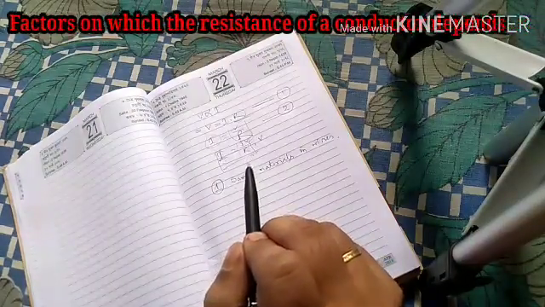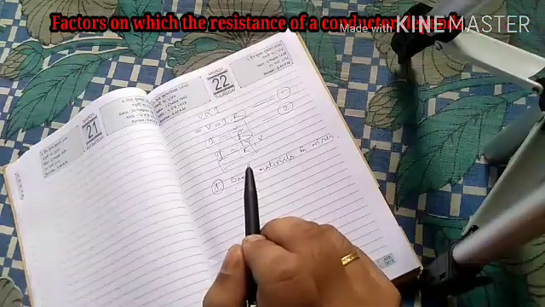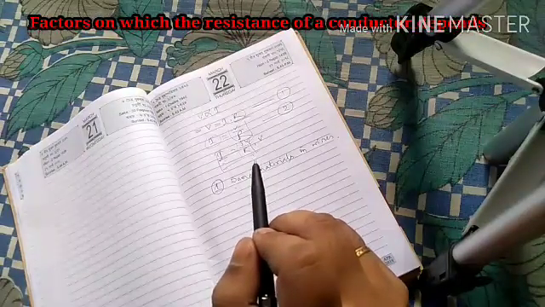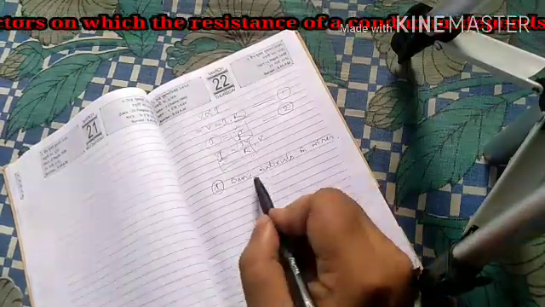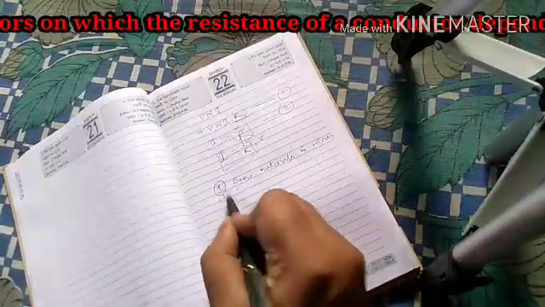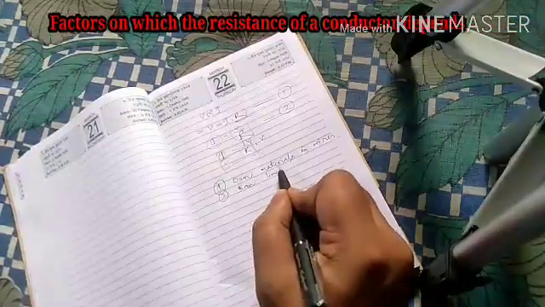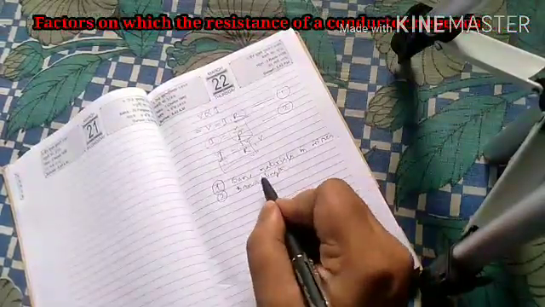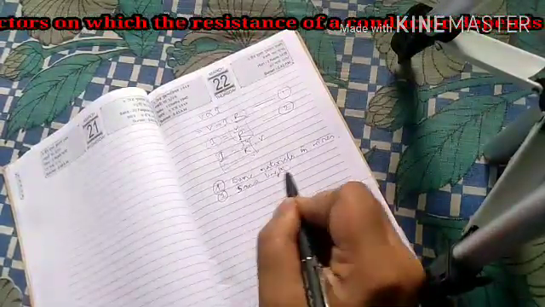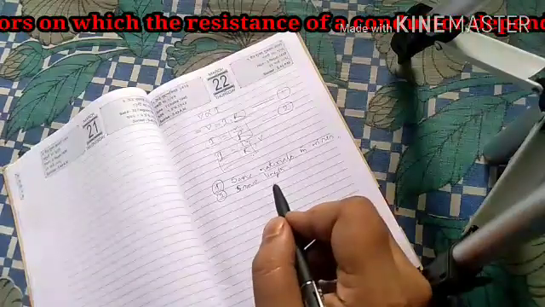If it is copper, all the wires should be made of copper. Number 2, same length. It means in the circuit all the wires should be of the same length.